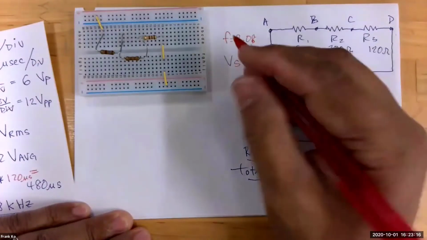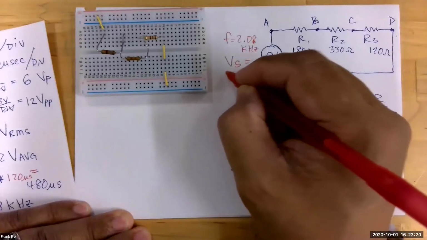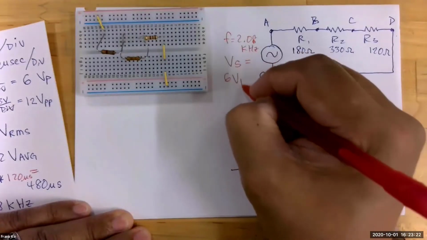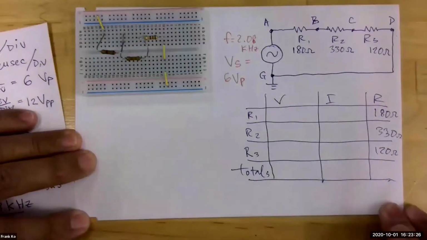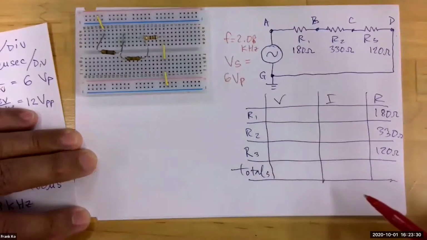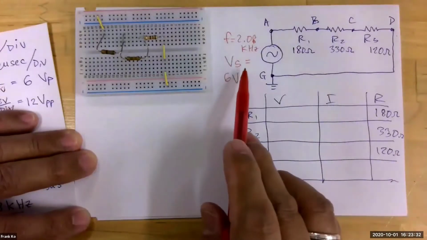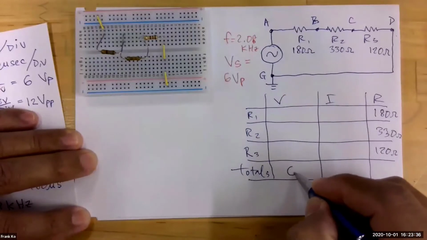We can set this up so that we can measure V peak, and let's go ahead and measure V peak. Vs is equal to 6 volts peak, okay? That being said, now let's go ahead and fill this in. If we determine our voltage source is 6 volts peak, I will write 6 volts peak right here. 6 volts peak.